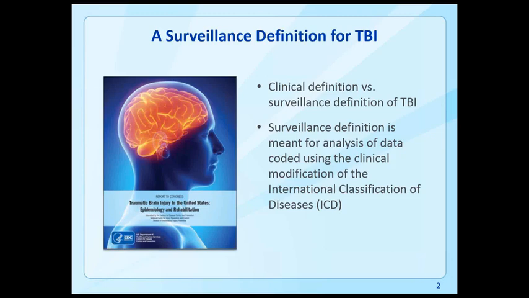A lot of times, epidemiologists and researchers are working with electronic data sets that have coded information. And so the surveillance definition is one that is meant for analysis of data that's coded using the clinical modification of the International Classification of Diseases.